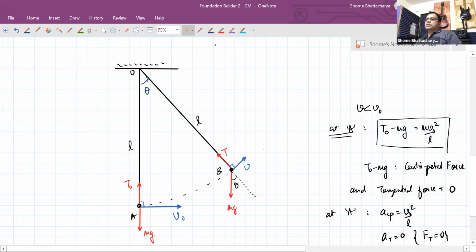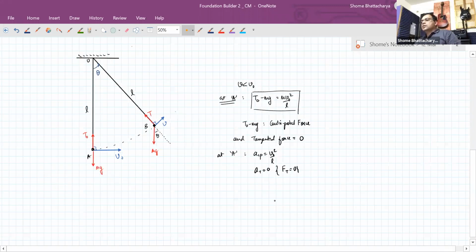But contrast this to the position B. Now at the position B, you can see what is happening. mg is acting like this and T is acting like this, where this is the tangential direction and this is the radial direction. So this angle was theta.